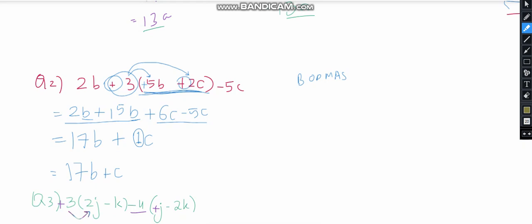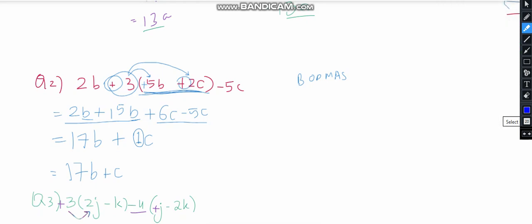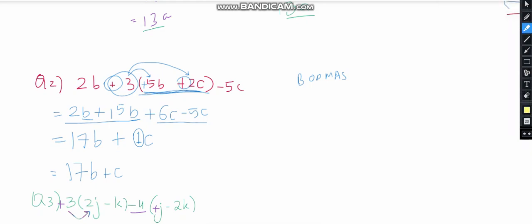If you look at this question here, 2b plus 3, 5b plus 2c minus 5c.